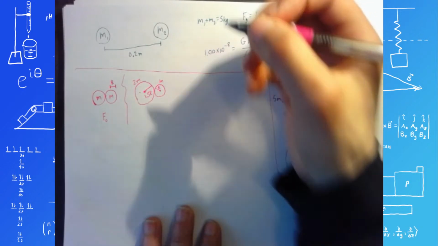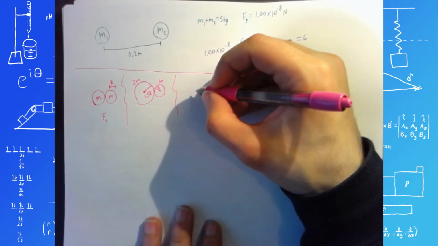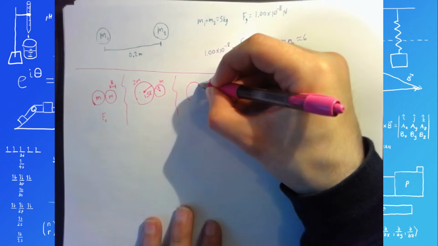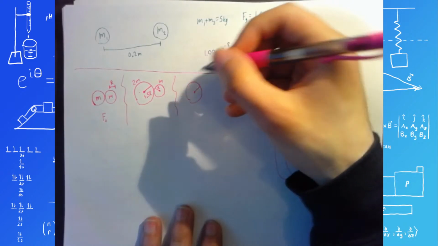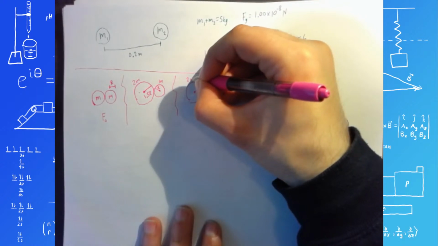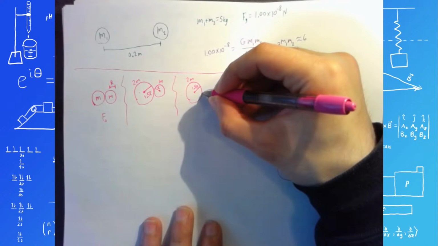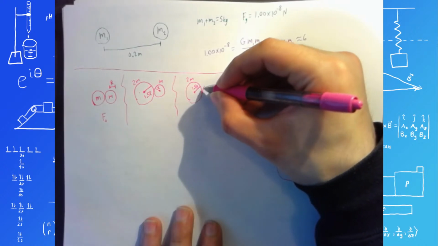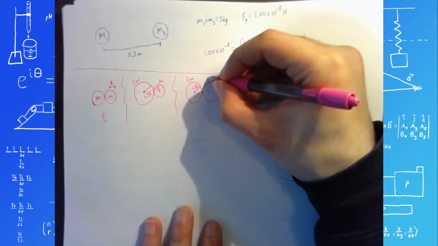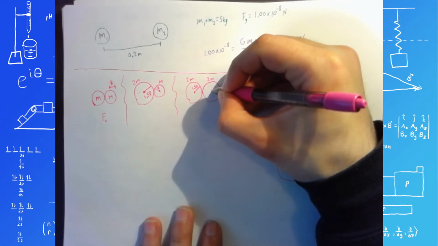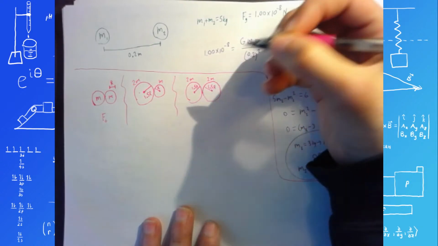And then another one of them was something like 2m, 1.5 r touching another object also of mass 2m with radius 1.5 r.